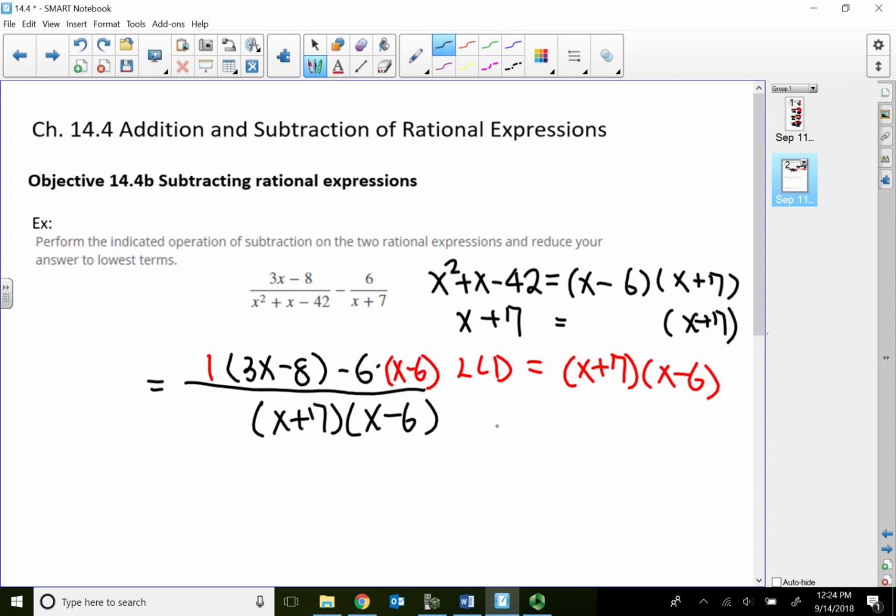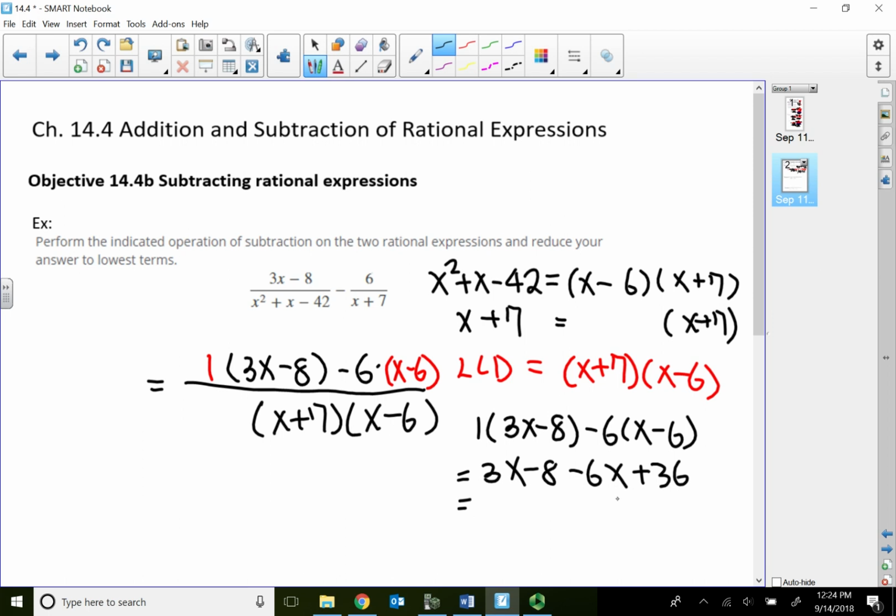So I'm going to simplify it here on the side. 1 times 3x minus 8, if I do a distribution, that will still be 3x minus 8. All right, negative 6, do a distribution, that's negative 6x, positive 36. So 3x minus 6x is negative 3x.